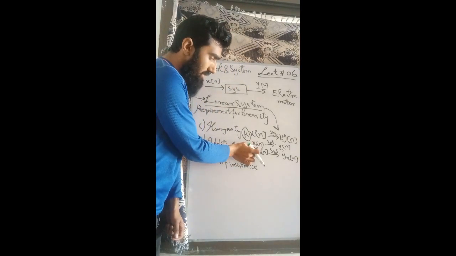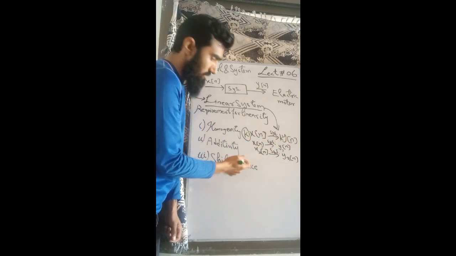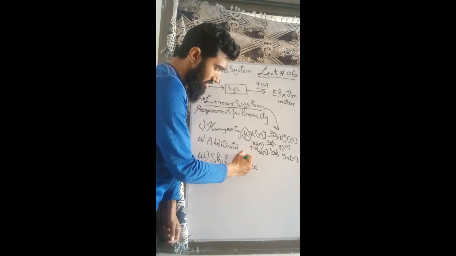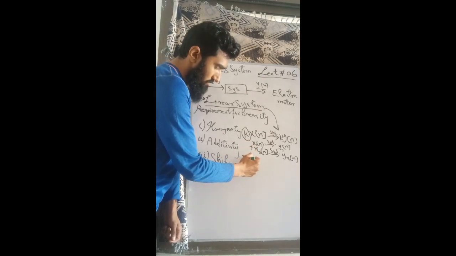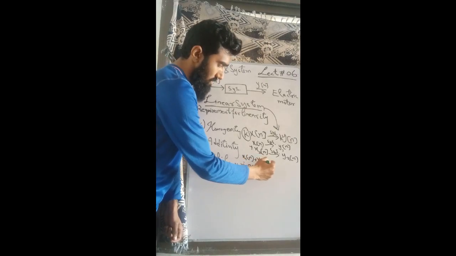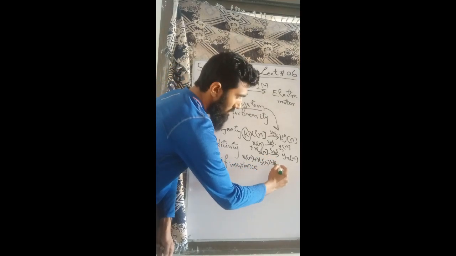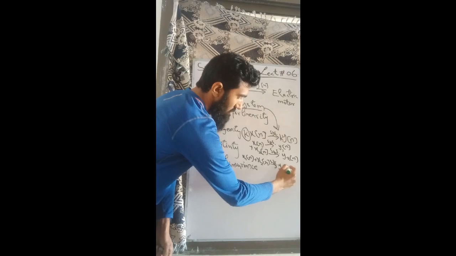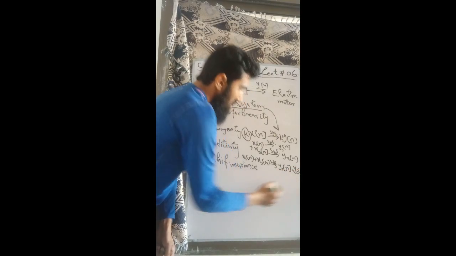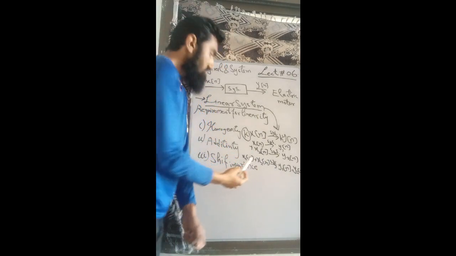I applied them separately on the system. Now if we sum these two signals, x1 of n plus x2 of n, and apply it to the system, the output is y1 of n plus y2 of n. This property is known as the additive property.